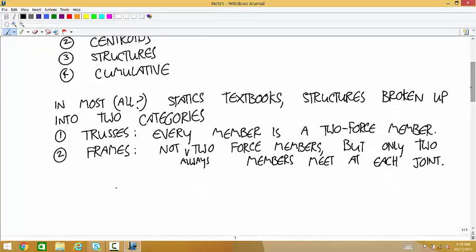Here's how we're going to do it. I don't break it up. So I don't break it into categories.